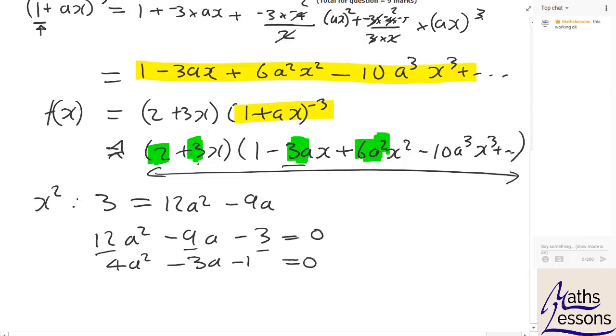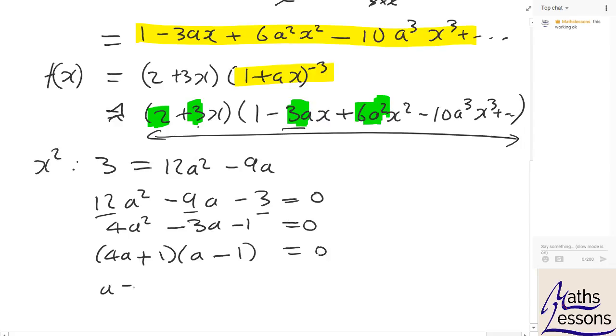Factorise that. And we're going to get 4a, a, and we're going to have 1 and 1. Where are we going to put the minus? We're going to put it here to make sure we get a minus 3a, and we're going to get our plus here.